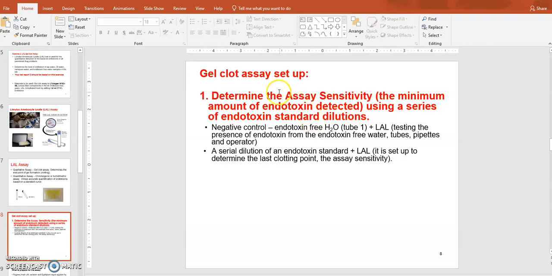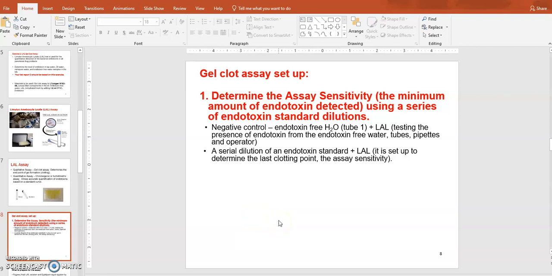So how are you going to do your assay? This is how you're going to do it. There are two parts to this assay. The first part is detecting the sensitivity of your assay using the endotoxin standards. What do I mean? You will develop a series of conditions where different amounts of endotoxin are present. Maybe the first tube has no endotoxin, the second tube has more endotoxin, the next tube less.